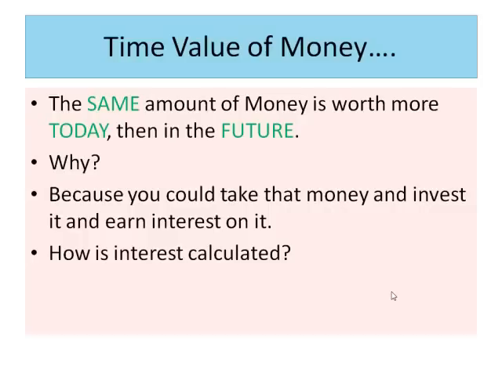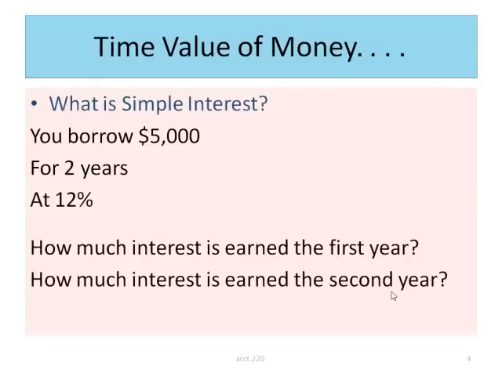So how do we calculate interest when we have an amount of money and we're going to earn interest on it? There are two ways to calculate interest, the easy way and the more complicated way. And guess what? We're doing the more complicated way. But let's start with the easy way for comparison purposes. Simple interest.